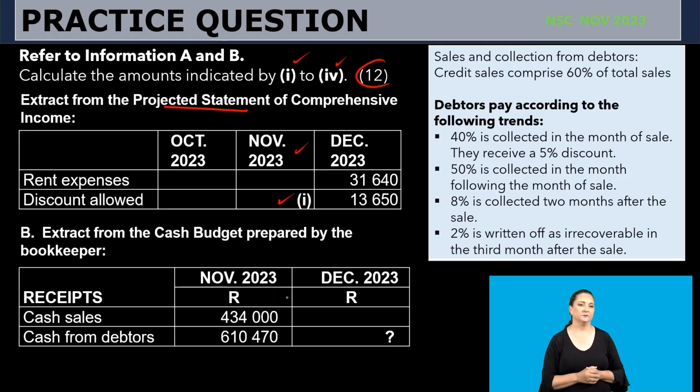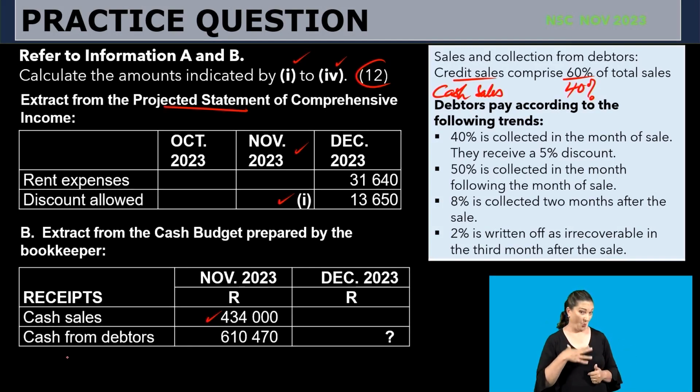And the easiest way for you to do that, you would simply say, how much of your credit sales do you have? But you are not given that information. What are you given? You are given cash sales here. And you are told here that credit sales comprise 60%. That means cash sales comprise 40%. So I'll come here.